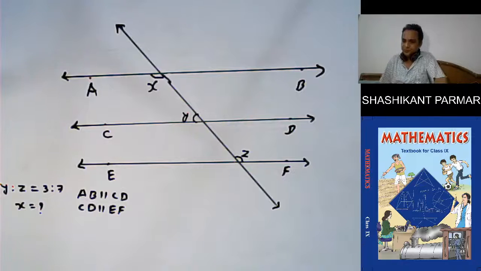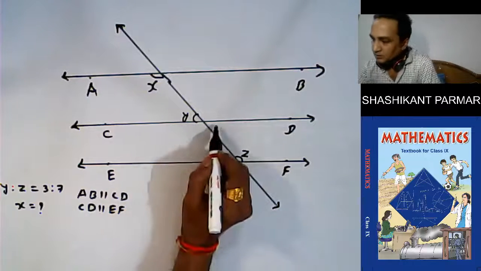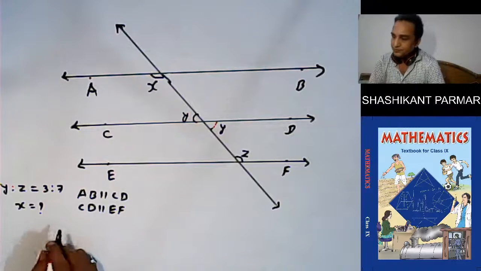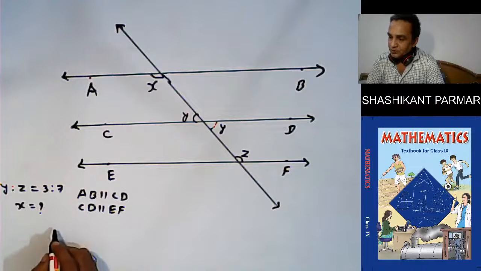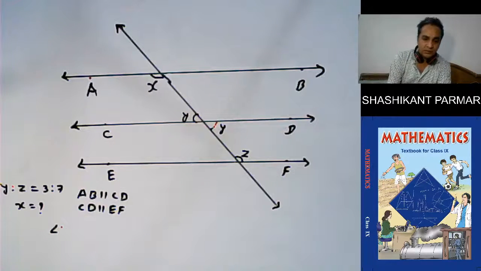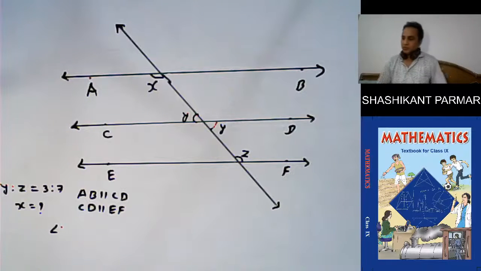So, okay, now see here, this is Y, therefore this is also Y. Okay, not written here.